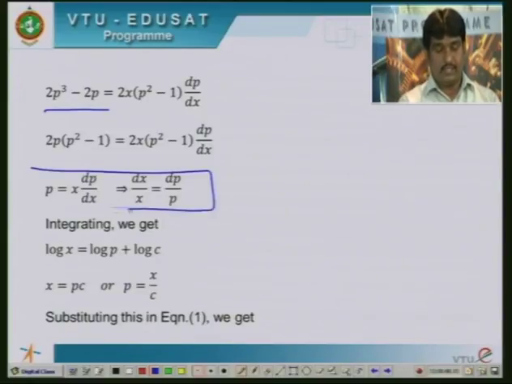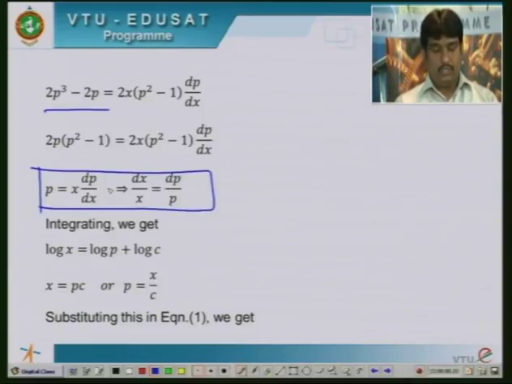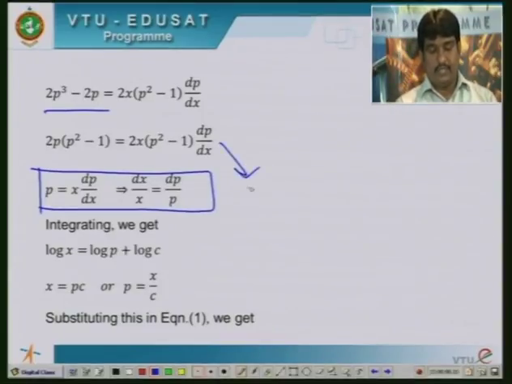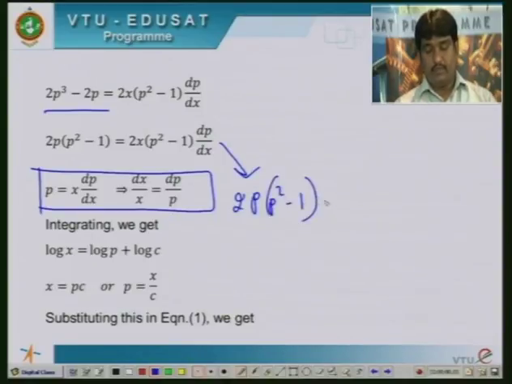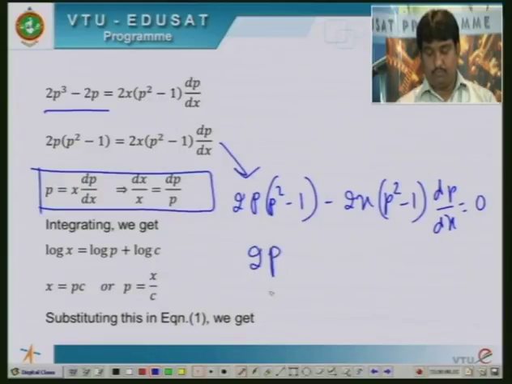I have arrived at this stage after simplifying this. Take this to the left hand side, we get 2p into p square minus 1 minus 2x into p square minus 1 dp by dx equals 0. In these two terms, 2 is common, and p square minus 1 is common.